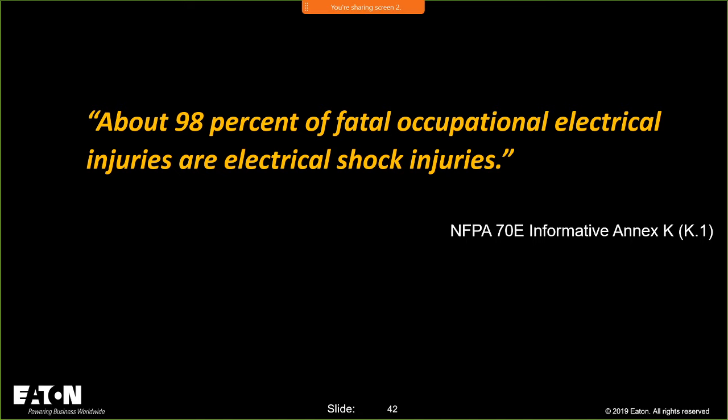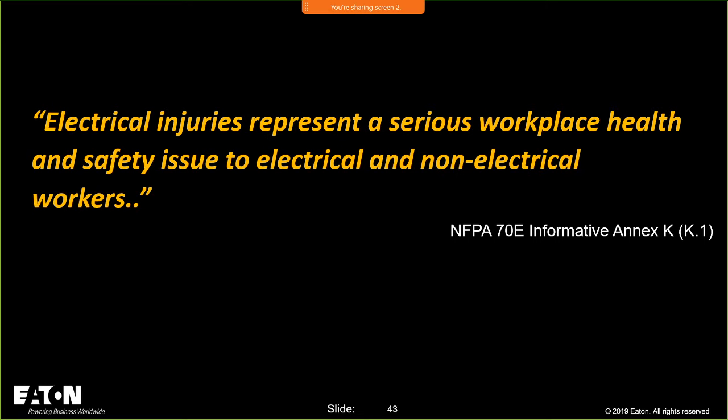Electrical injuries represent a serious workplace hazard. It's not just for the electrical worker, it's also for the non-electrical worker. If I'm on a job site, my plumber could die from electricity. The carpenter could die from electricity. The homeowner who has nothing to do with our electrical industry could die from electricity.